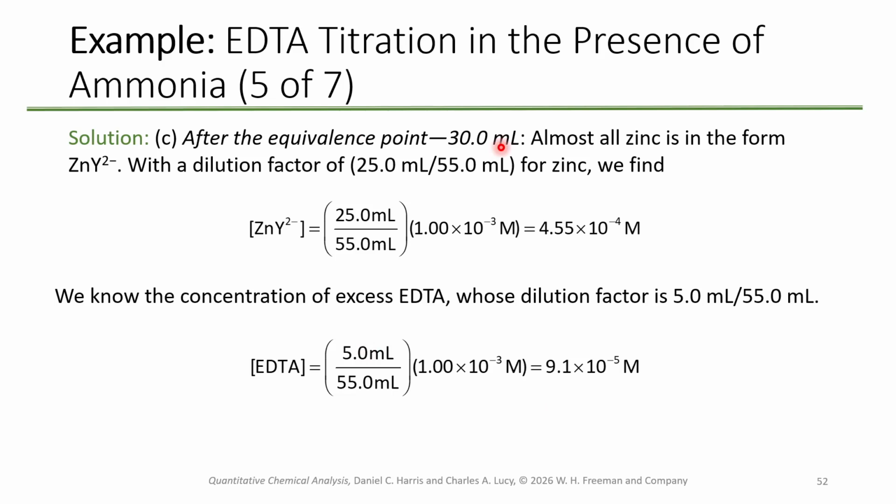Well, almost all the zinc is going to be bound, isn't it? Okay, so you're going to have very, very small amounts of zinc remaining. And you're going to have to put in your dilution factor first. So if we figure out the complex concentration, then we can go backwards from the complex, and we can figure out the concentration of the free zinc from the complex formation constant, can't we?